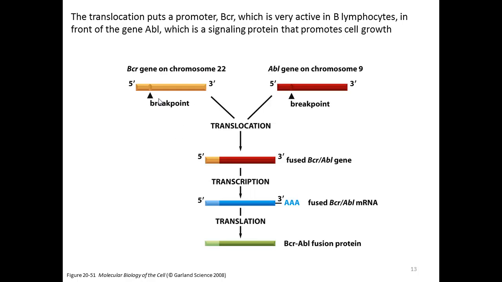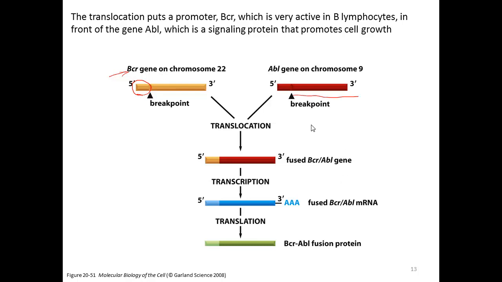Here we see 2 genes, and this is the breakpoint for the formation of the Philadelphia chromosome. We have an upstream and a promoter region of one gene. In this case, it's a B cell receptor gene. This is a very strong promoter for B lymphocytes.